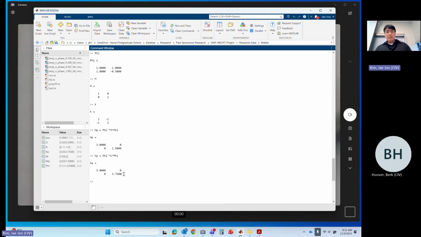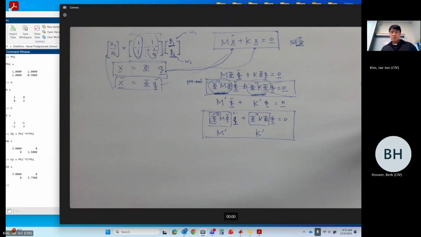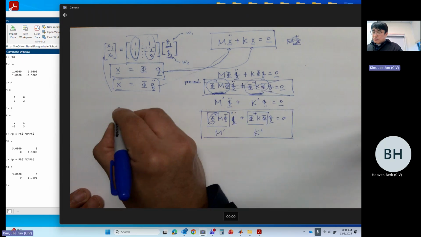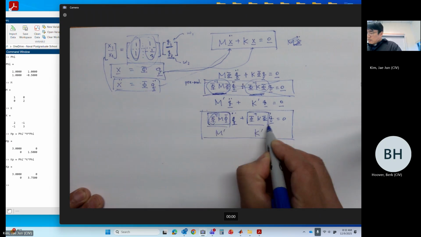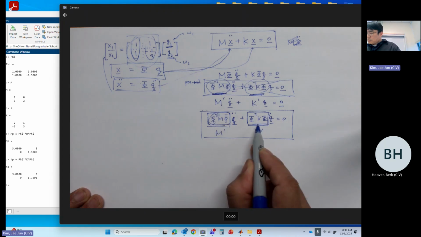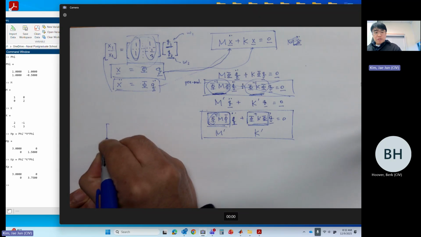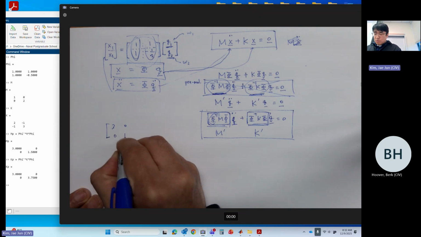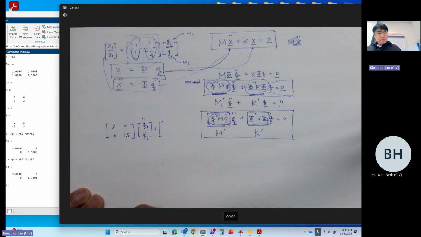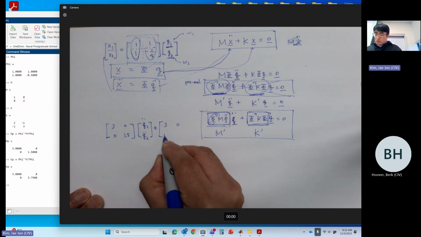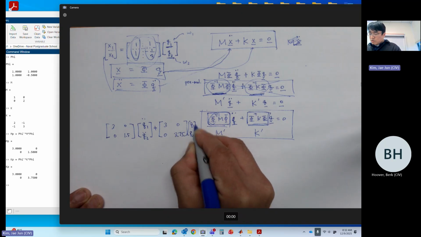So let's write this. After using this modal matrix and transforming X to Q using this definition of the new modal mass and modal stiffness, you get the new modal matrix, which is going to be 3001.5 times Q1 double dot, Q2 double dot, plus 3003.75 times Q1, Q2, is equal to 0.